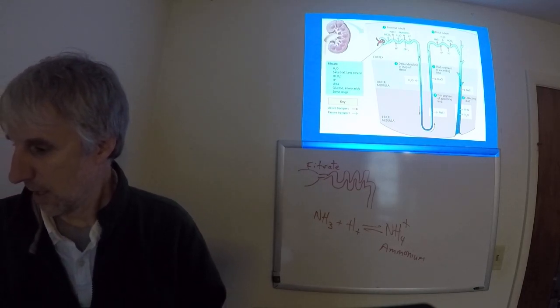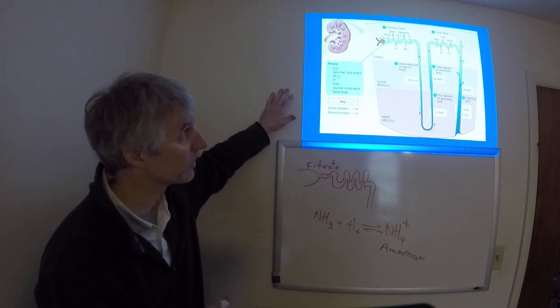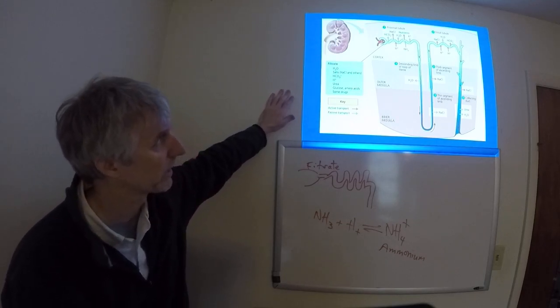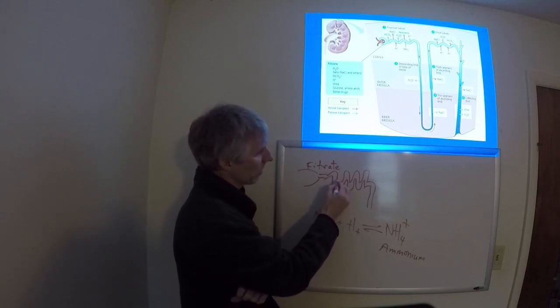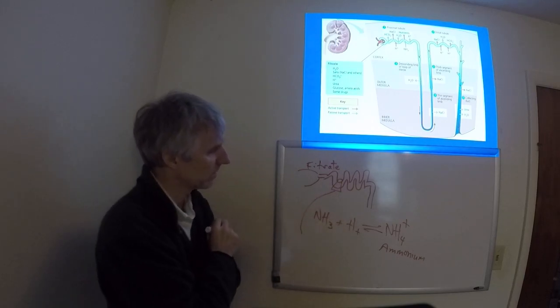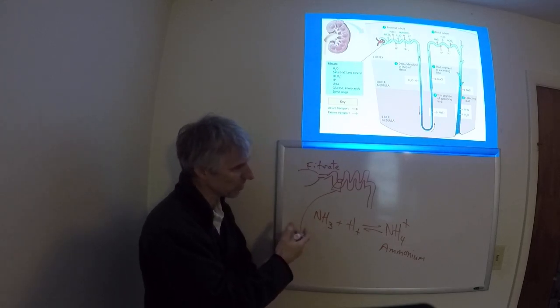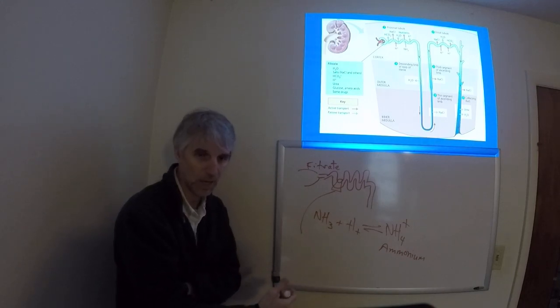The other thing about the proximal convoluted tubules is its design is kind of interesting. So these tubules, if we took a closer look at these and saw how they were organized, there's actually more surface area on the inside than there is on the outside.